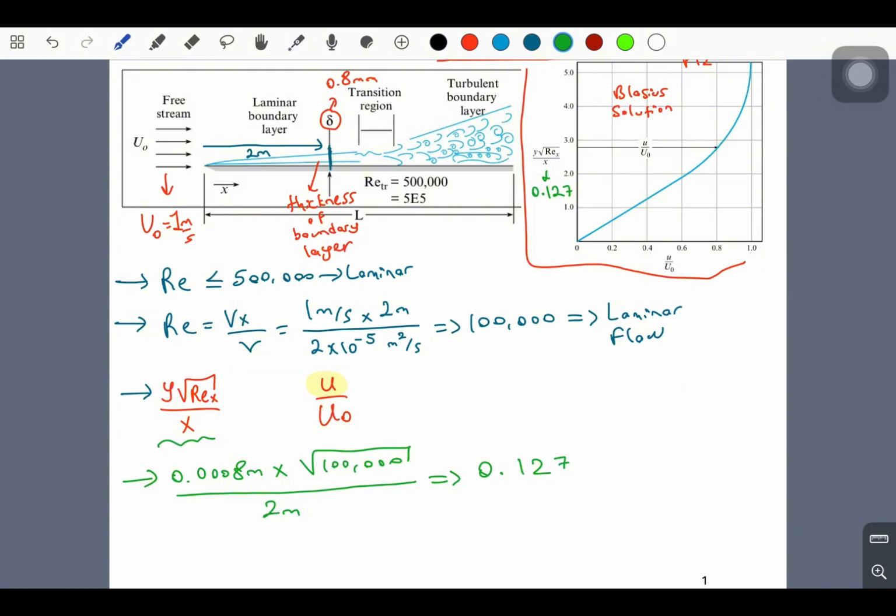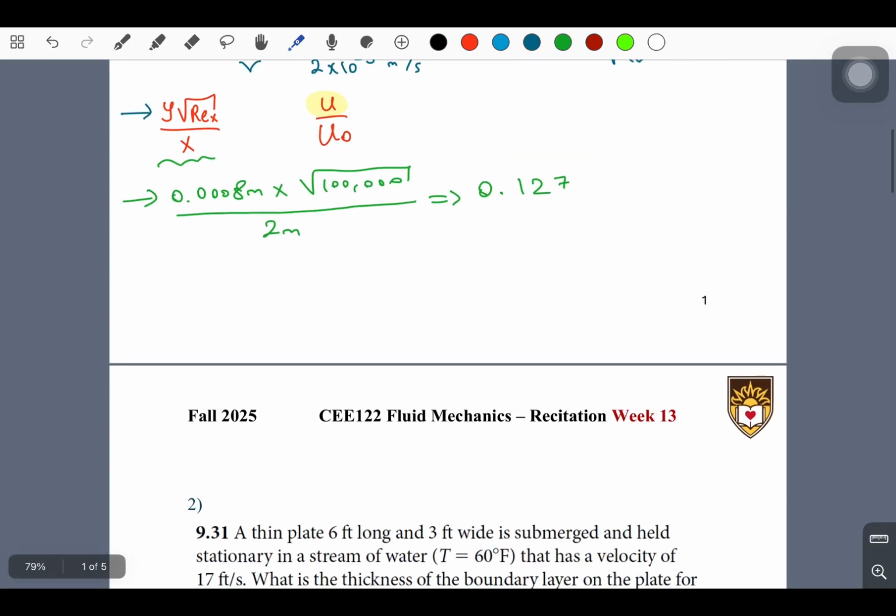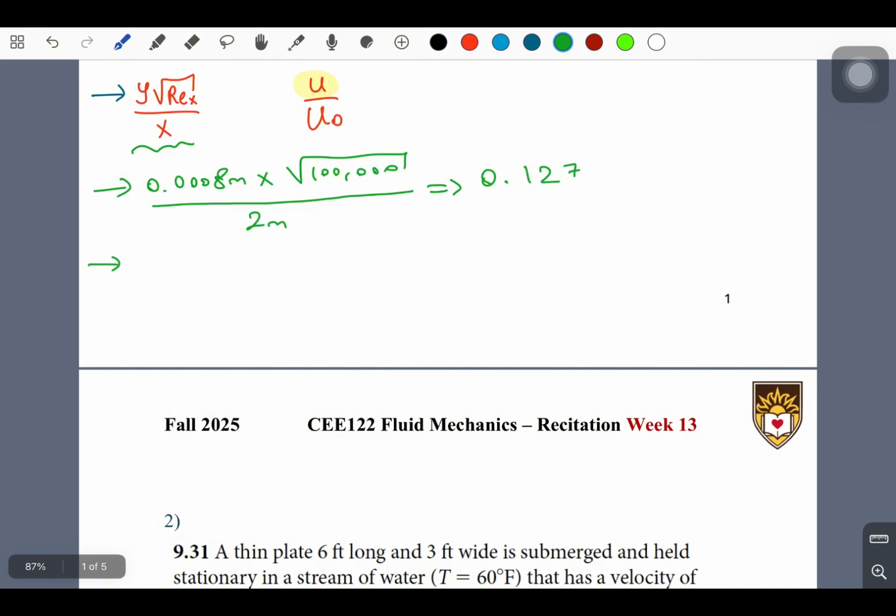We could use this velocity profile curve to find the x-axis value, but there is a solution for that, and we can directly use another relationship. This relationship is given in lecture 20, page 14.